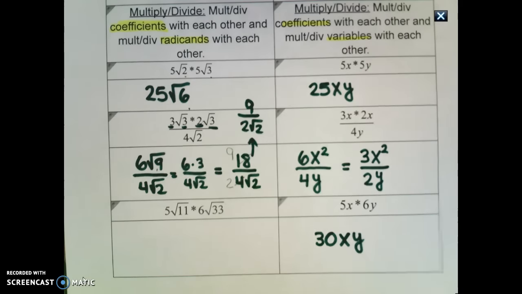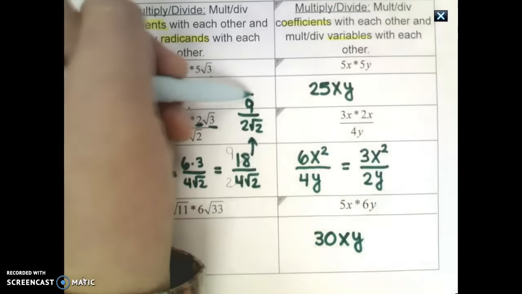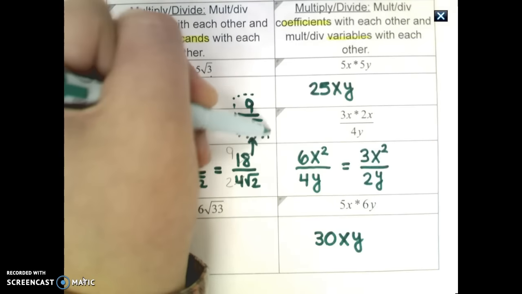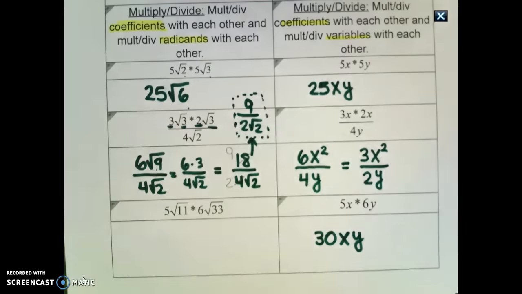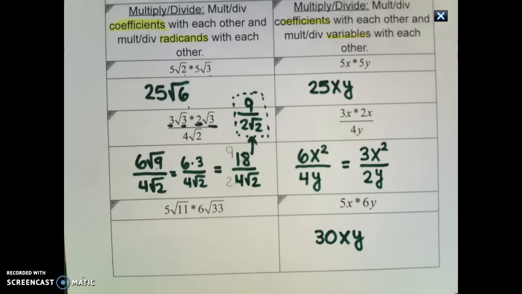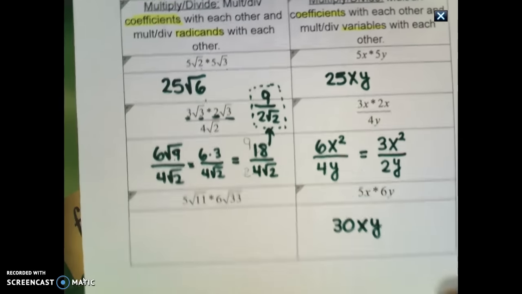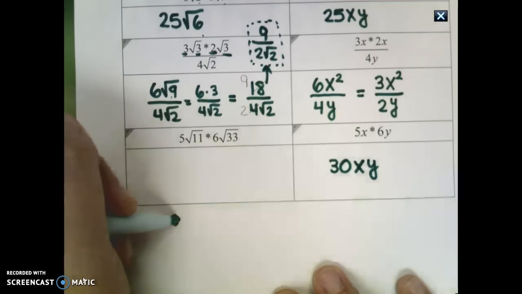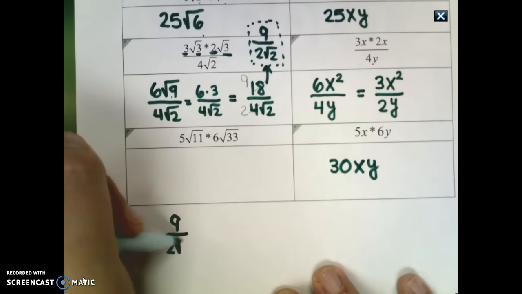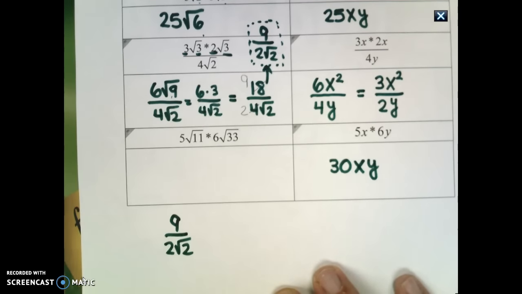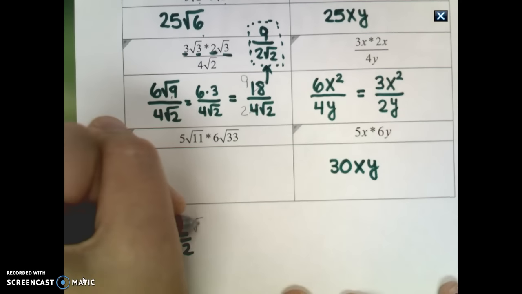Now, in the previous video, there was a mention that you cannot have a radical in the denominator. So this, while you may say, hey, it's multiplied together, is not truly simplified. If you aren't sure what to do with that, see the previous video. But basically what you're going to do is, and I'm going to write at the bottom of this page, I'm going to multiply top and bottom by that square root of 2 to get rid of it.